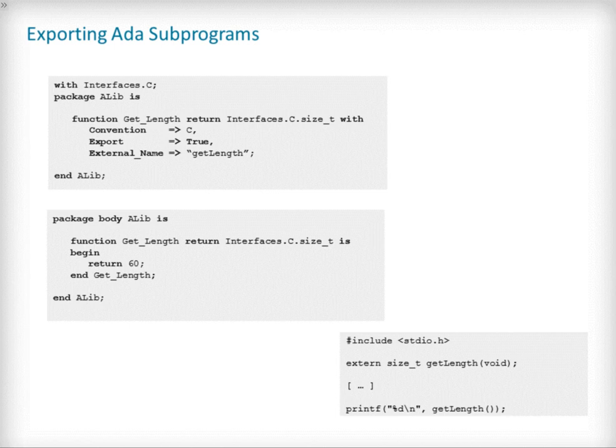Here we show a package specification containing the declaration of an exported subprogram, and notably the Ada entity name is different from the name used to reference it externally. There is a simple implementation in the associated package body that returns the value 60. The example C main program here calls this exported Ada subprogram to print out the value.